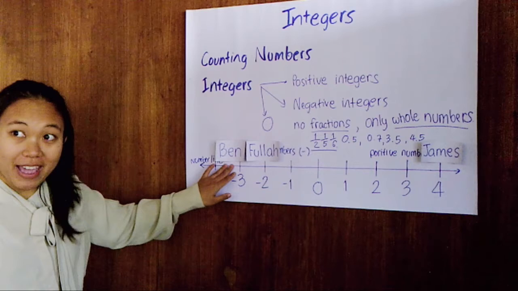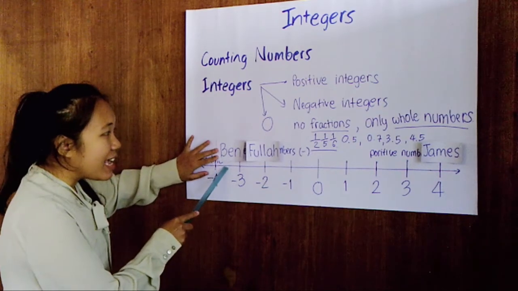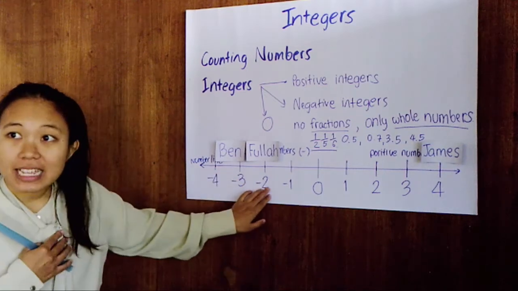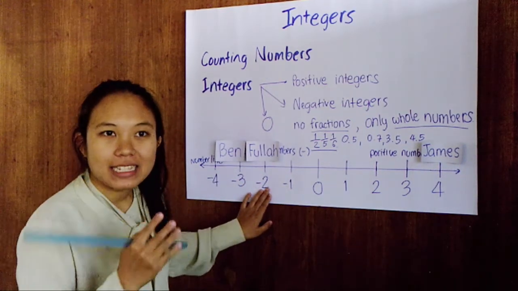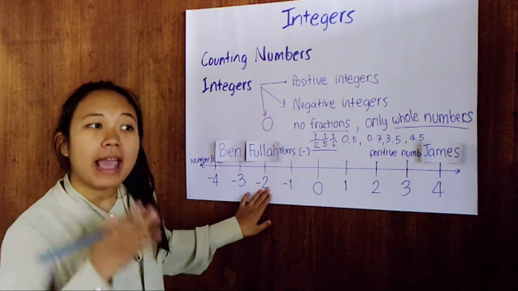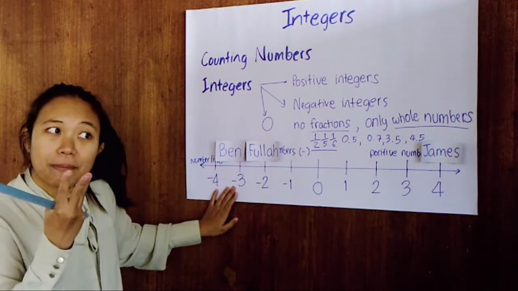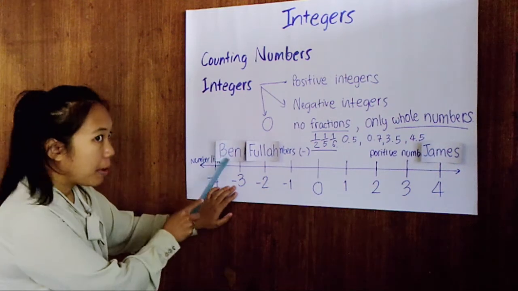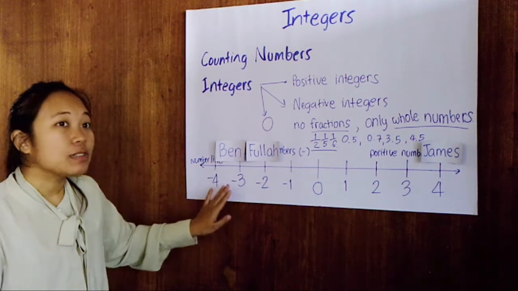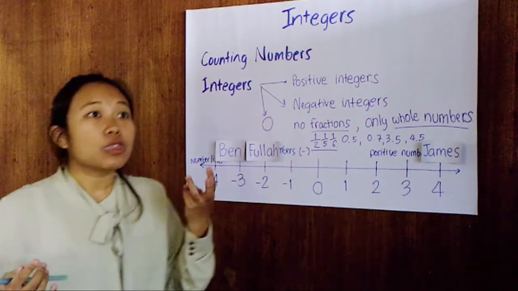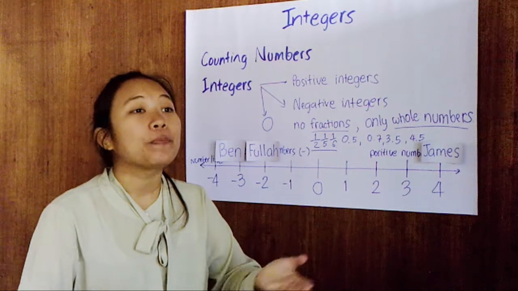Right, Ben. Phula is in debt for 2 baht. She still needs 2 baht to pay back to her friend. But Ben still needs 3 baht. Who is more in debt? Ben is more in debt than Phula, because Ben still needs 3 baht to pay back to his friend.